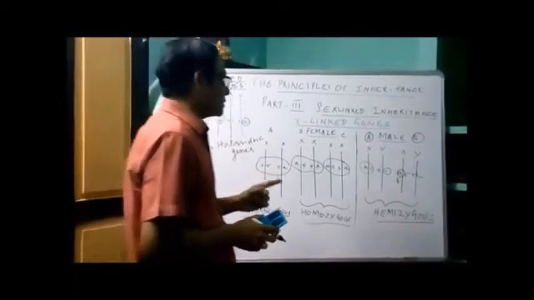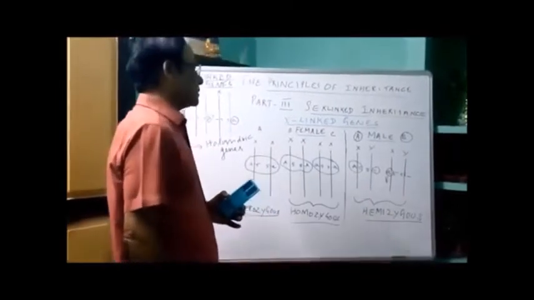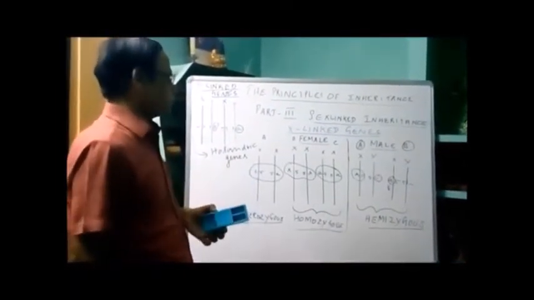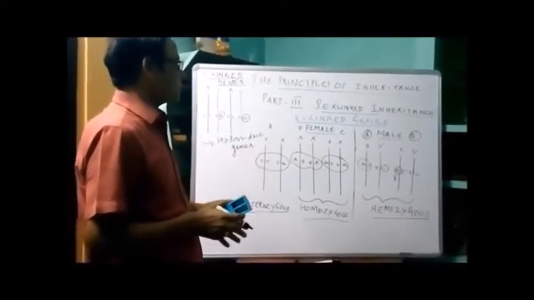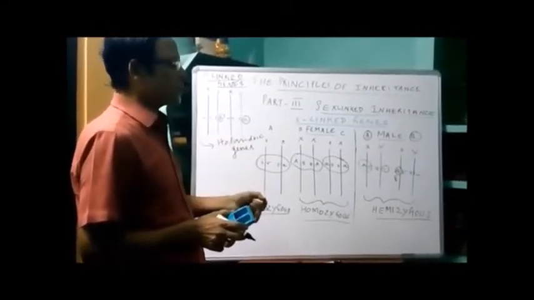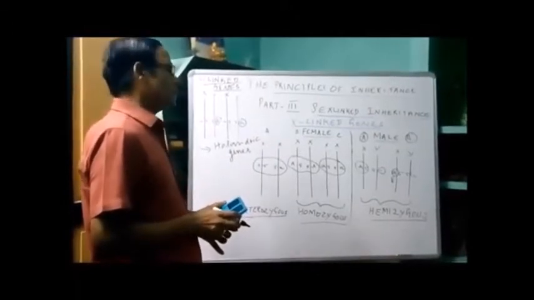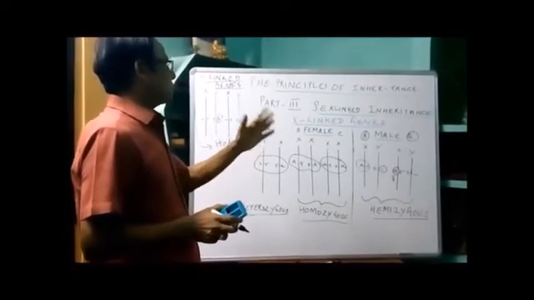A mutant allele means the recessive gene. When present, it is expressed, which results in the expression of some disorders too. That's why males are more prone to sex-linked characters: they are hemizygotes. When one recessive gene is present, that character is expressed. Okay, this is about X-linked genes and Y-linked genes.